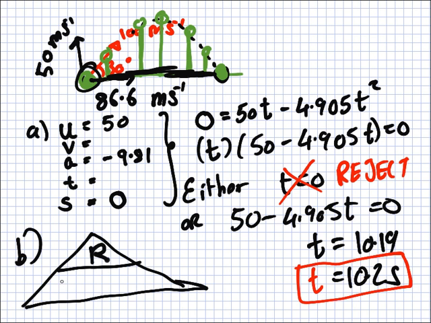What's the speed? Do we know? 86.6. And what's the time? Do we know? 10.19. Well, we should use 4 for calculations. Can I know the range? Yeah, range will be 86.6 times 10.19.